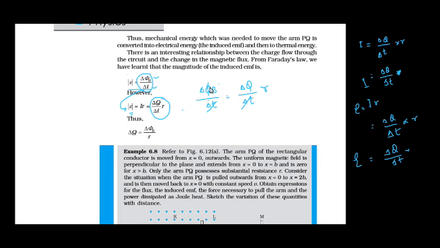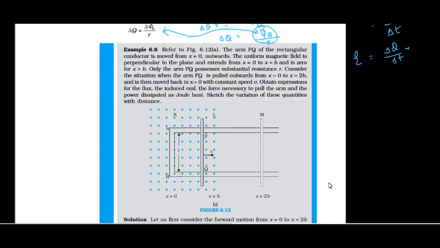So delta Q into R is equal to delta phi B. So delta Q will be equal to delta phi B upon R. So here we got the value of charge, delta Q.